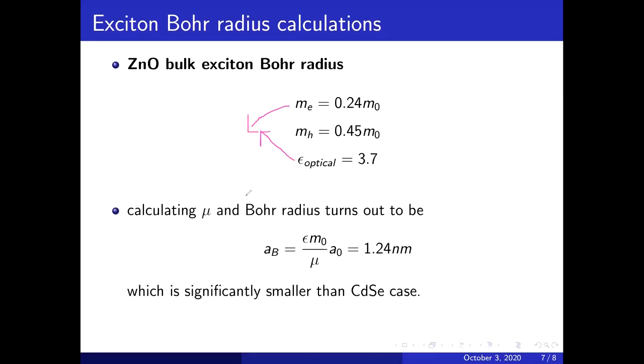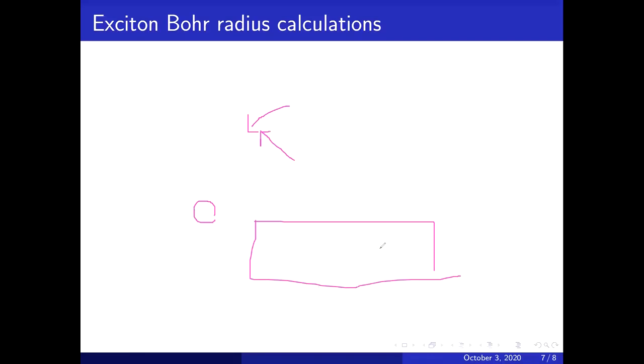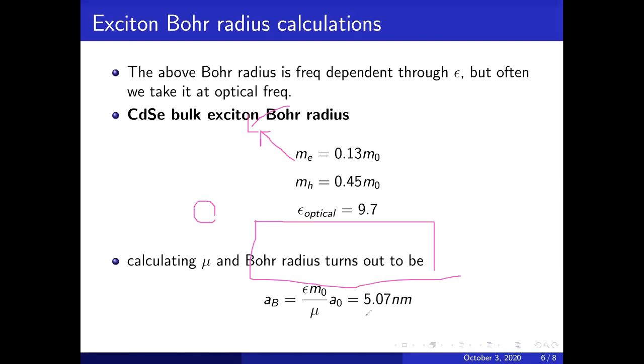Once you put these back, calculate the mu, and calculate the Bohr radius, it turns out to be 1.24 nanometer, or 12.4 angstrom, for zinc oxide, but 5 nanometer in the other crystal, CdSe, which is very large.